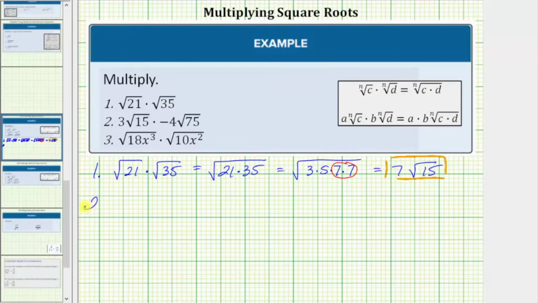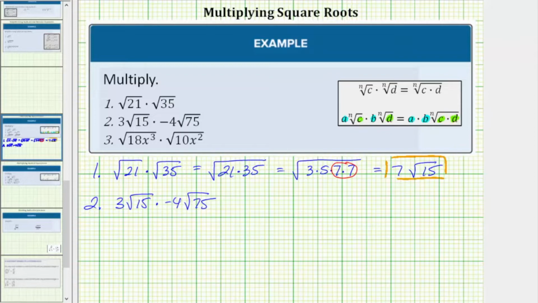For number 2, we have 3 square root 15 times negative 4 square root 75. Looking back at our notes, a times the nth root of c times b times the nth root of d equals a times b times the nth root of c times d, which means to find this product, we multiply a and b outside the radical, and then multiply c and d, which are the radicands, under the radical.